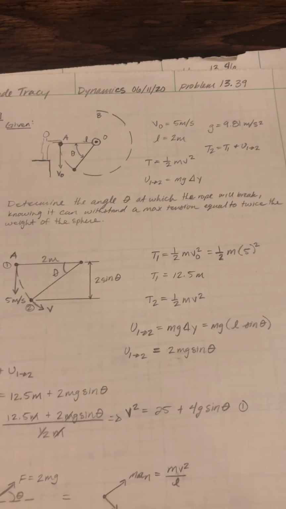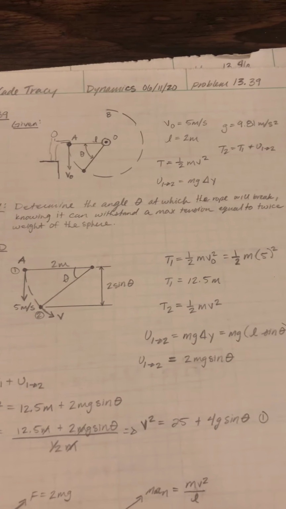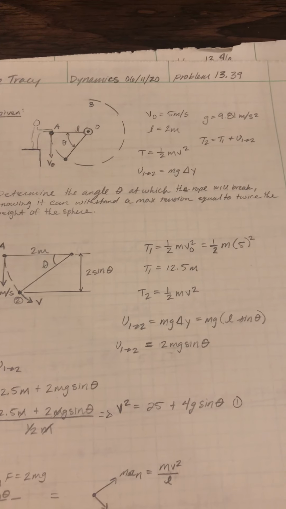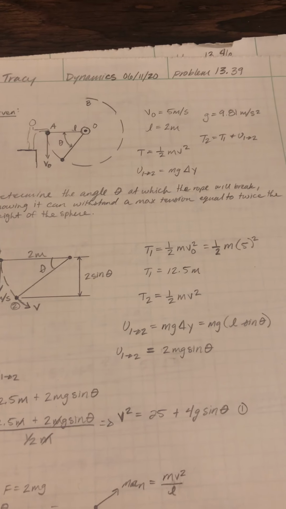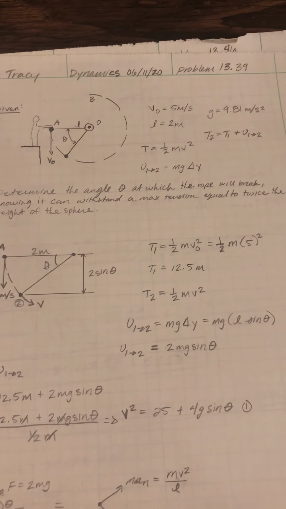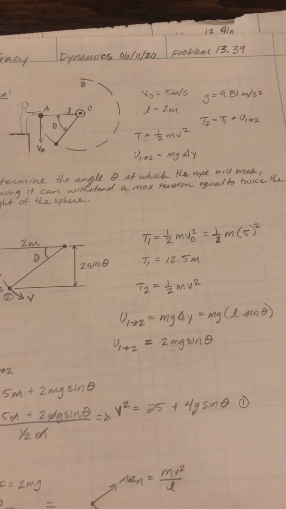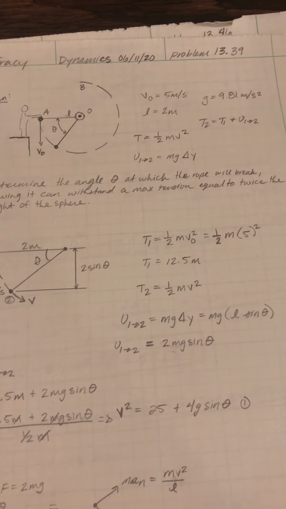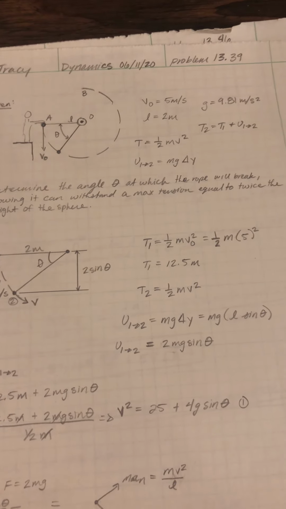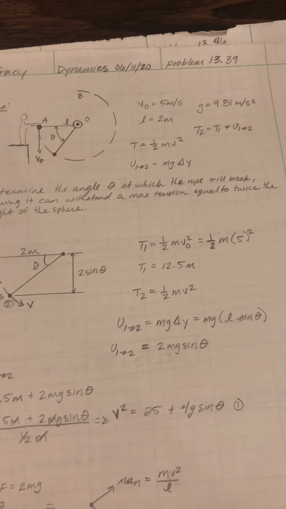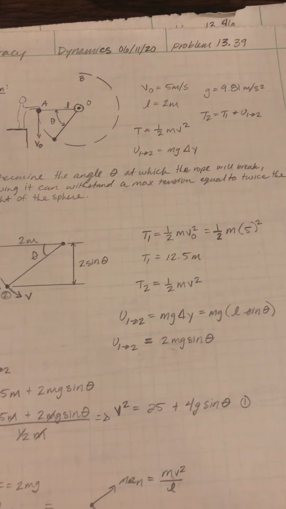Then again, plugging in what we know, we find that T1 is equal to 12.5 times m. And also moving to U sub 1 to 2, position 1 to 2, equal to mass times gravity times delta y, or in our case, it is length times sine theta, which is then equal to 2 mg sine theta.